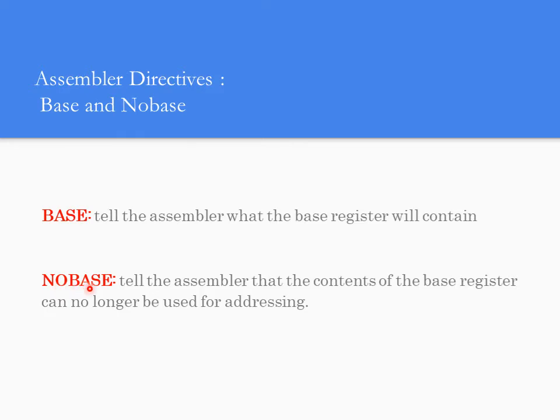If you use the assembler directive NOBASE, it tells the assembler that the contents of the base register can no longer be used for addressing. So until this directive is used, all the instructions that follow will use that same value.